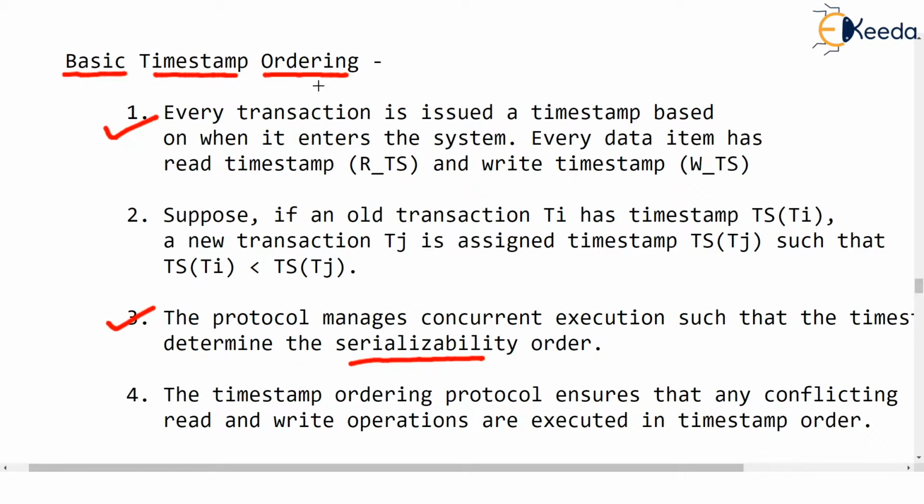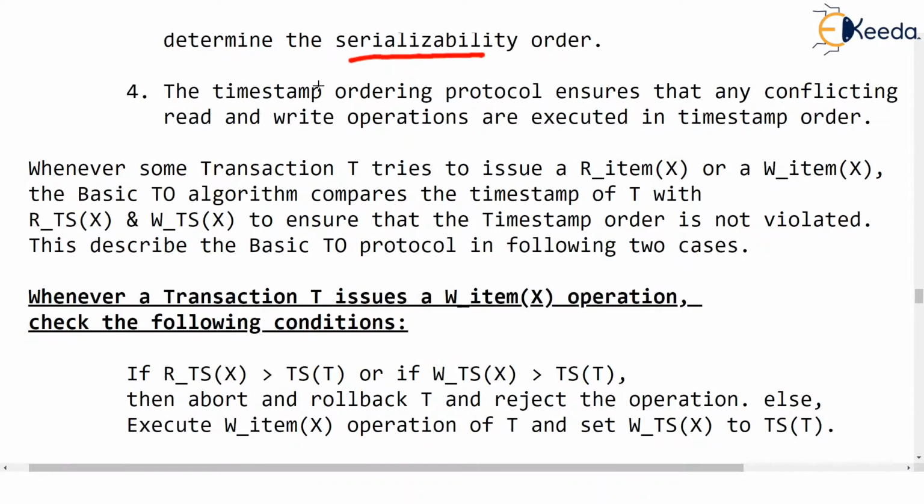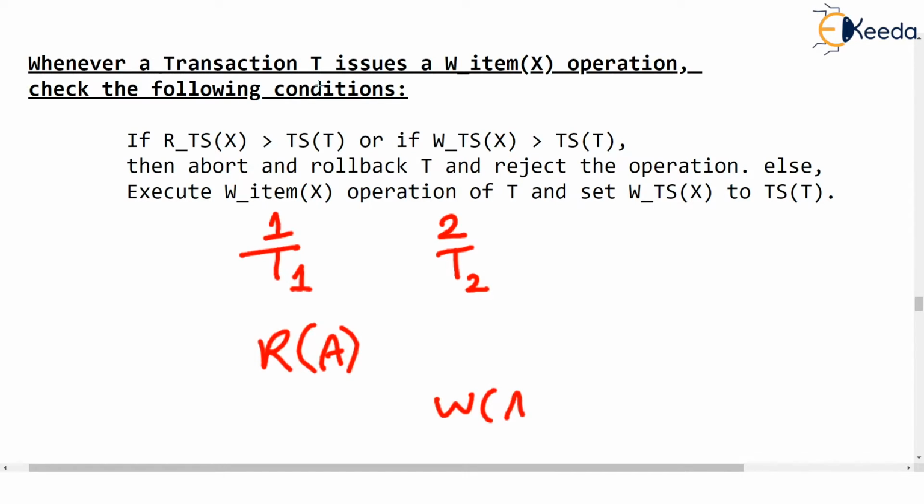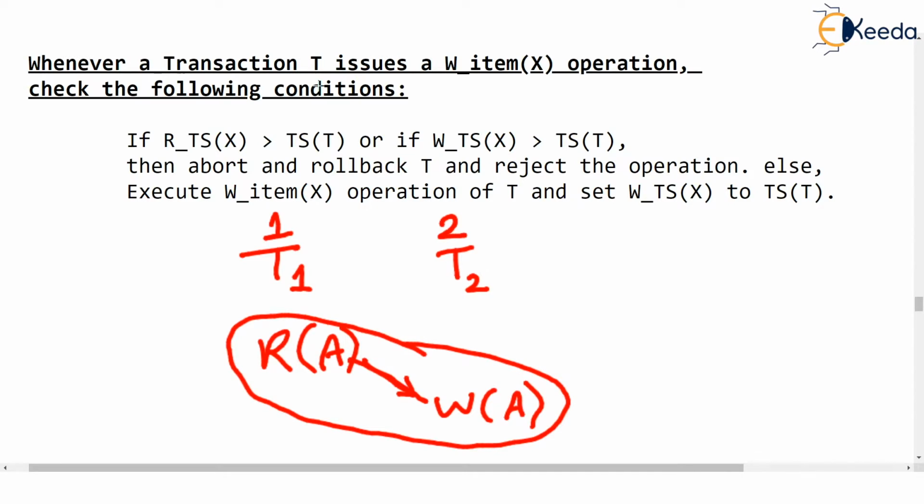What we saw in the previous video was, if there are two transactions T1 and T2, and T1 is an older transaction with timestamp 1 and T2 which started later has a larger timestamp, let's say 2, then if there is a read write conflict, let's say read A followed by write A, note that this type of conflict is occurring from older transaction to younger transaction, which is allowed in timestamp ordering.